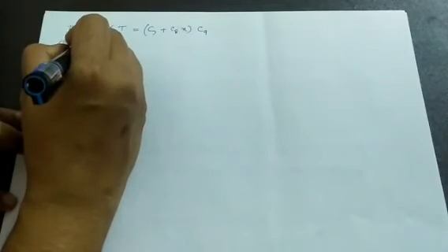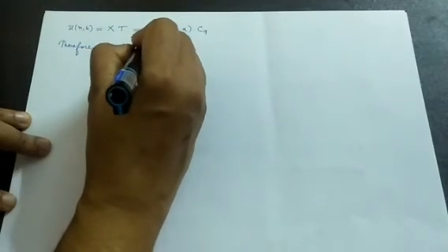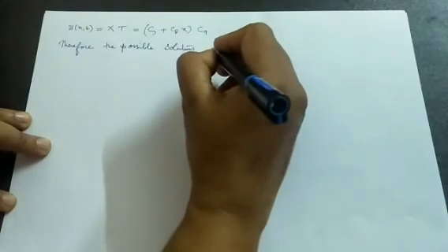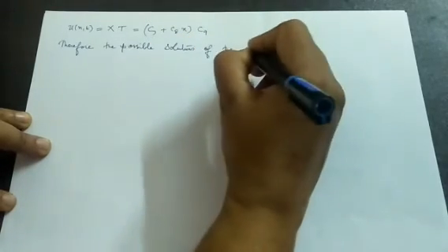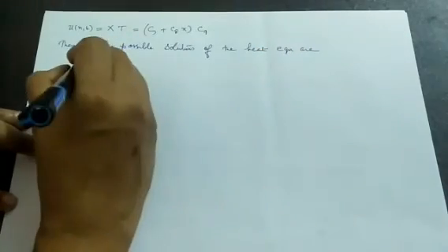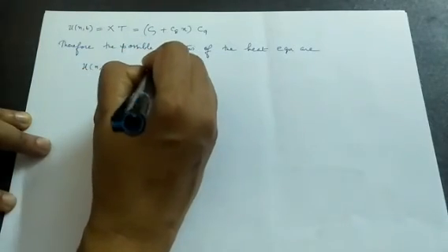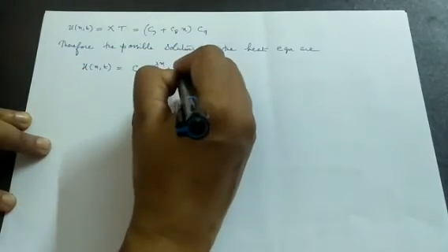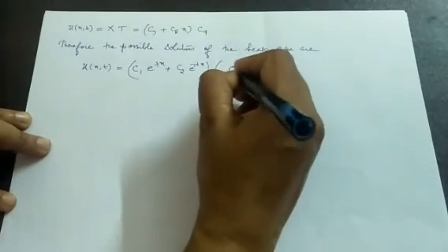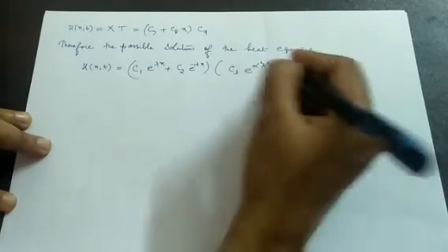Therefore, we can write all three solutions. The possible solutions of the heat equation are: first, when k is positive, c1 e raised to lambda x plus c2 e raised to minus lambda x, into c3 e raised to alpha square lambda square t.